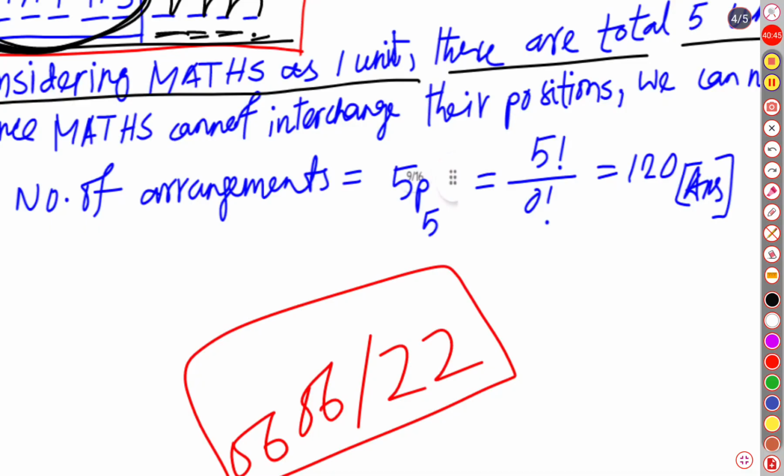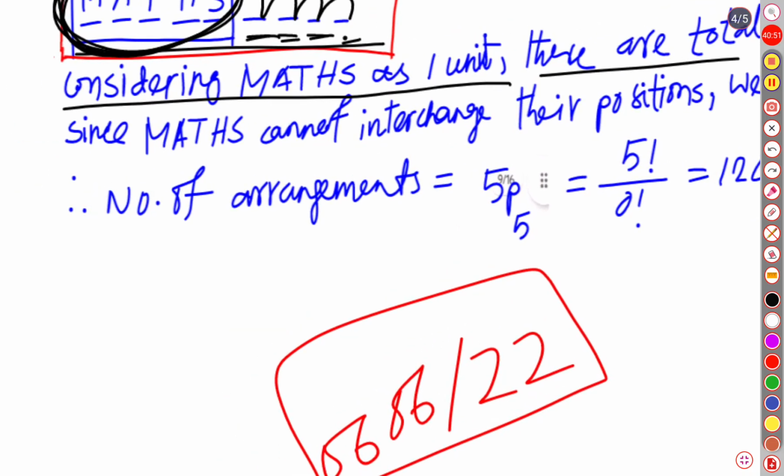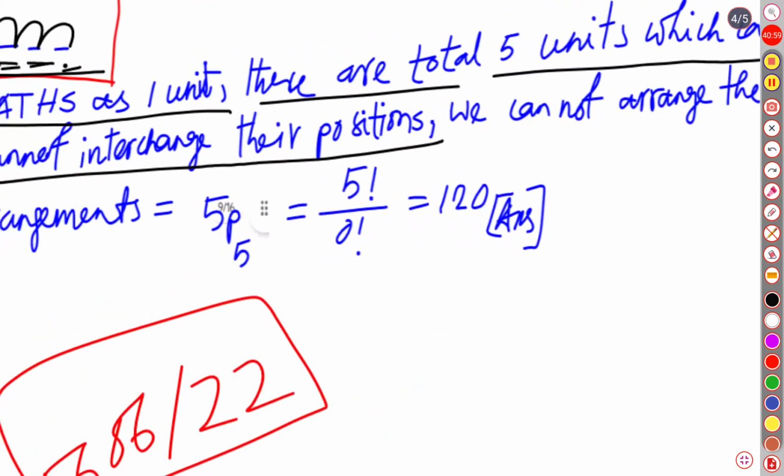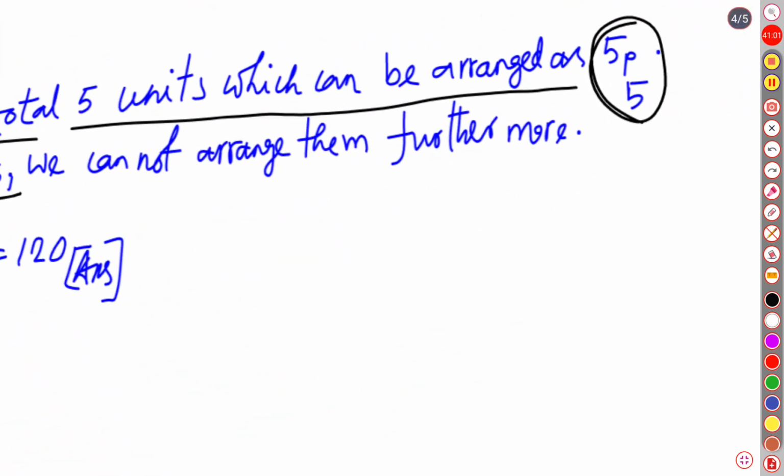And one more sentence has been written over here, that since MATHS cannot interchange their positions, I have already explained this, we don't need to arrange MATHS, only the remaining ones should be arranged.